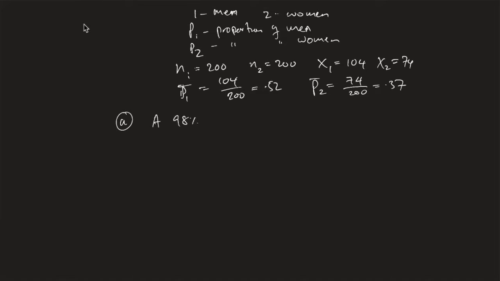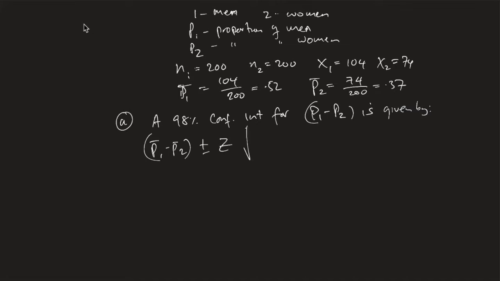A 98% confidence interval for P1 minus P2, that's the difference between the two proportions, is given by, and so our formula would be P bar 1 minus P bar 2, that's the sample estimate, plus or minus Z times our standard error, the square root of P bar 1 times 1 minus P bar 1 over N1, plus P bar 2 times 1 minus P bar 2 over N2, all right? So that's what we have. Let's just substitute the values and see what we get.